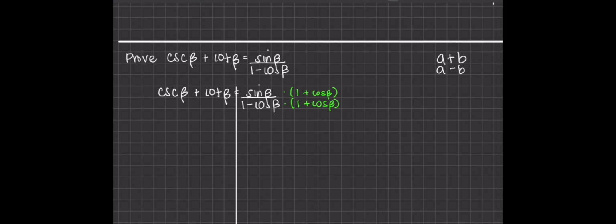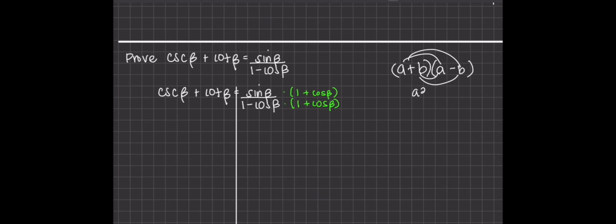Okay, so let's talk about why we're using conjugates. If you remember back from Algebra 1, difference of 2 squares. Difference of 2 squares is an expression and its conjugate. And when I multiply an expression and its conjugate using distributive property, what ends up happening is the middle 2 terms simplify to 0.